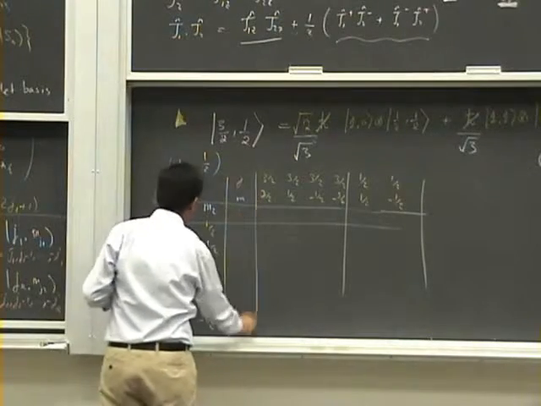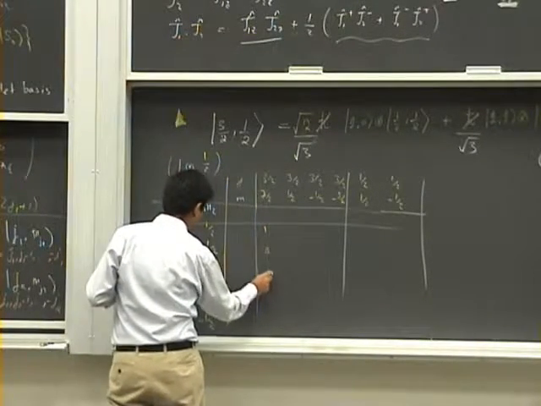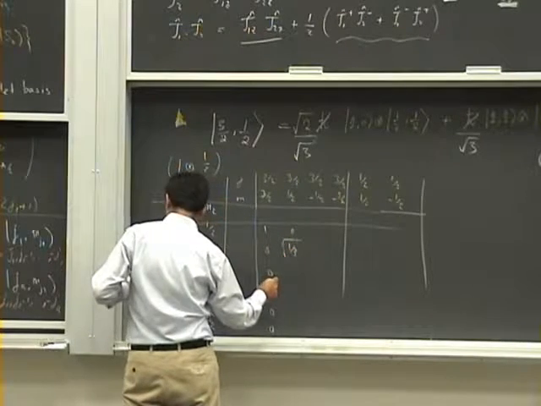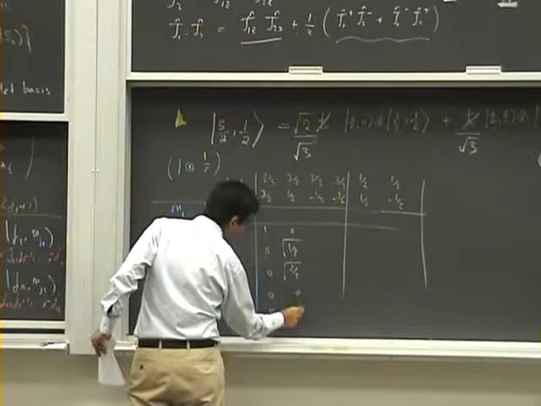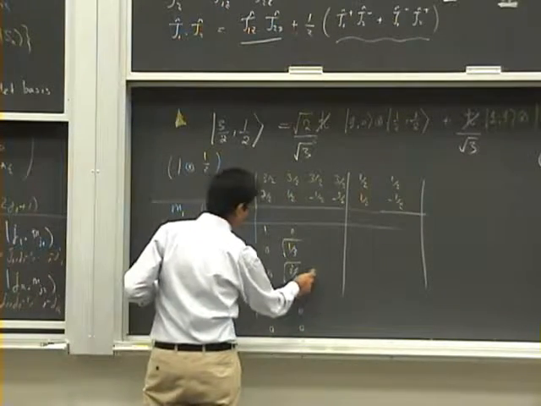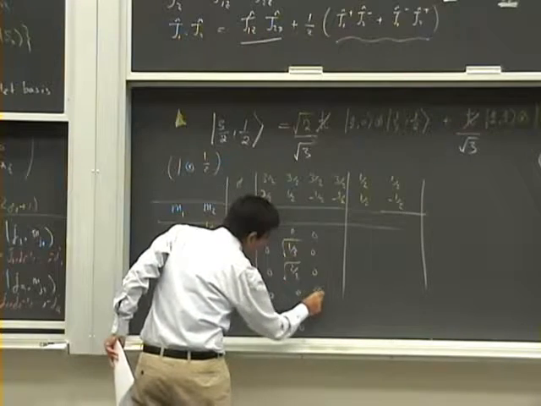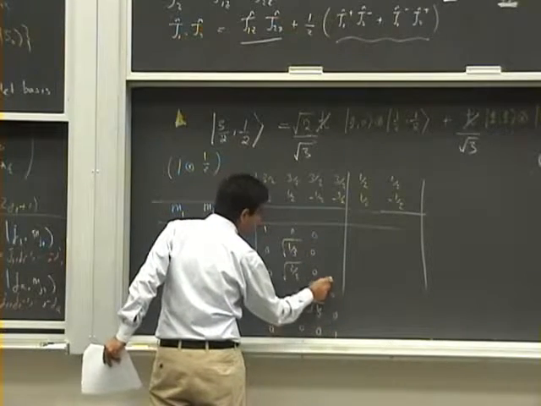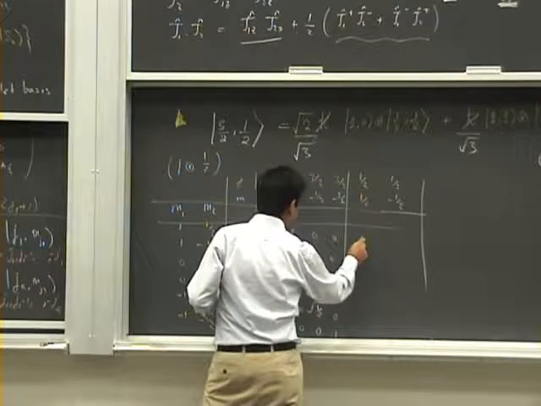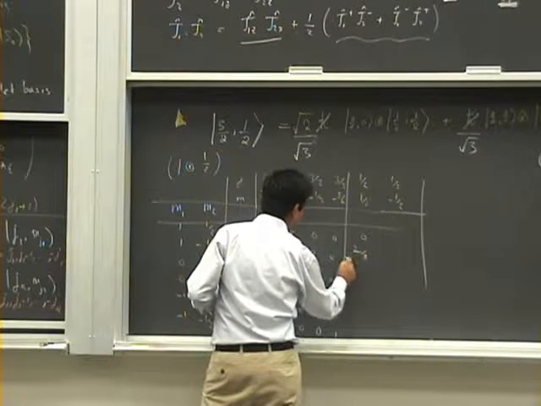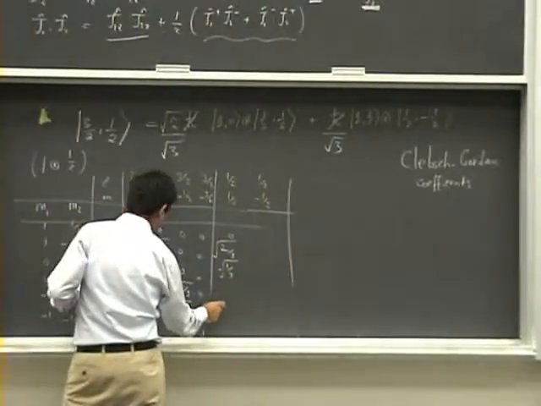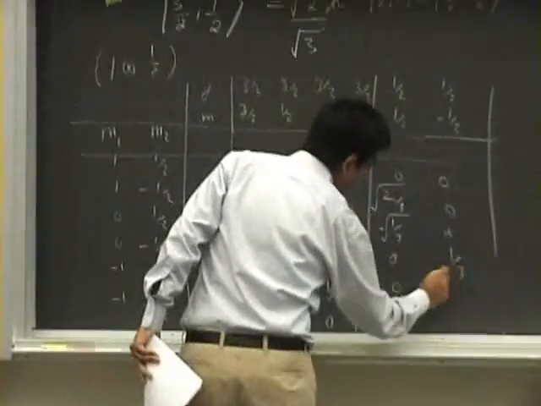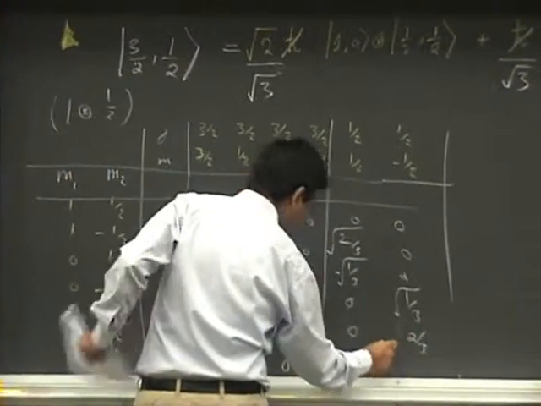The coefficients go in here: 1, 0, 0, 0, 0, 0, 1, 1 over 3, 2 over 3, 0, 0, 0, 0, 0, 2 over 3, 1 over 3, 0, 1, 0, 0, 0, 0, 2 over 3, minus 1 over 3, 0, 0, 0, 0, 0, 0, 1 over 3, 2 over 3, minus 0.